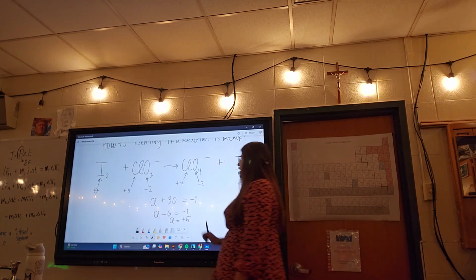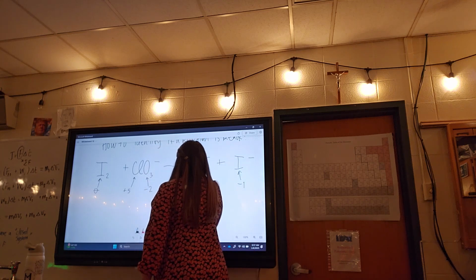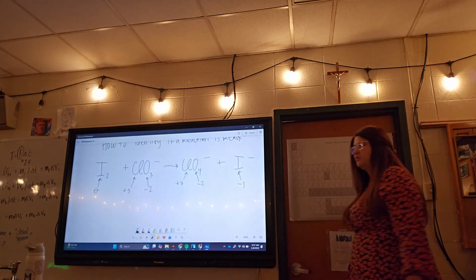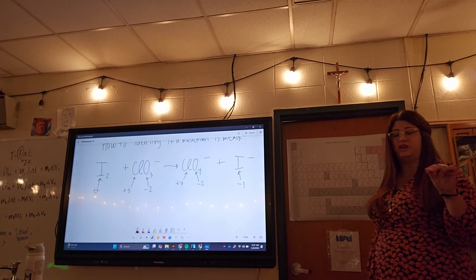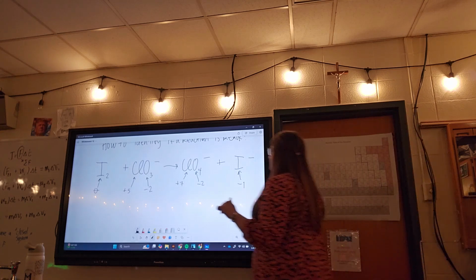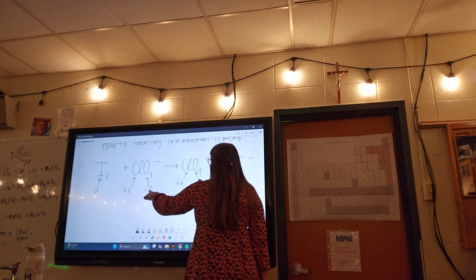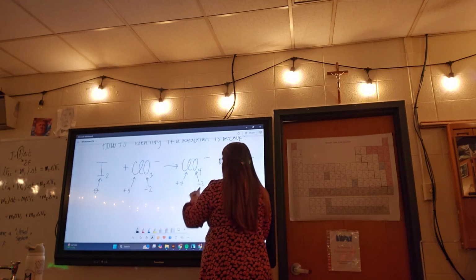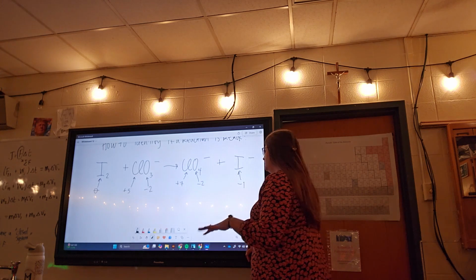Okay, so now we've identified all of our oxidation numbers. This is the tricky part. We have to decide who has an oxidation number that is changing. It looks to me like it can't be oxygen, because oxygen is -2 before the reaction and it stays -2, so it's not changing at all.